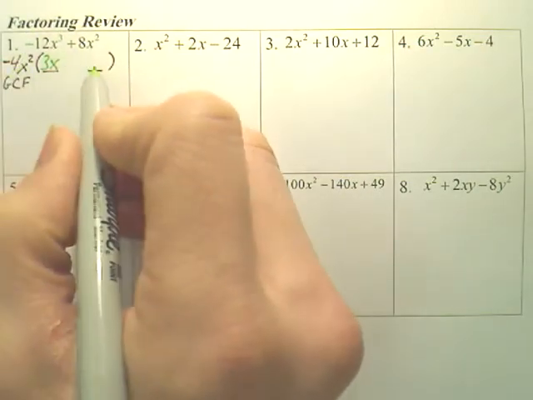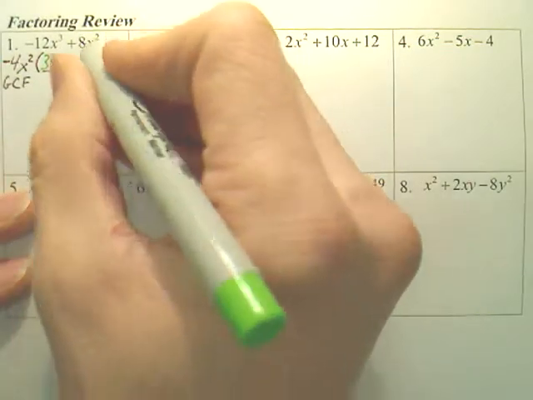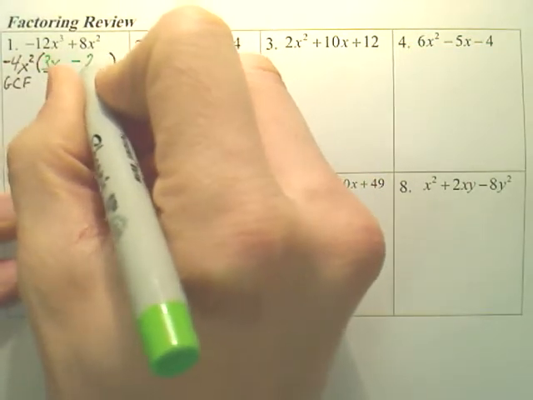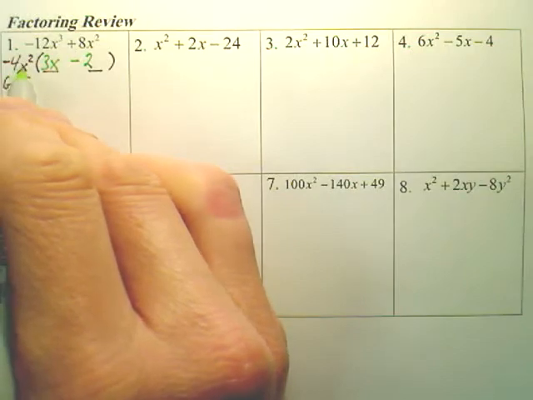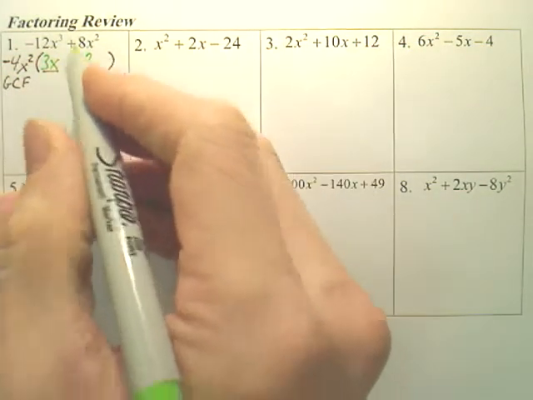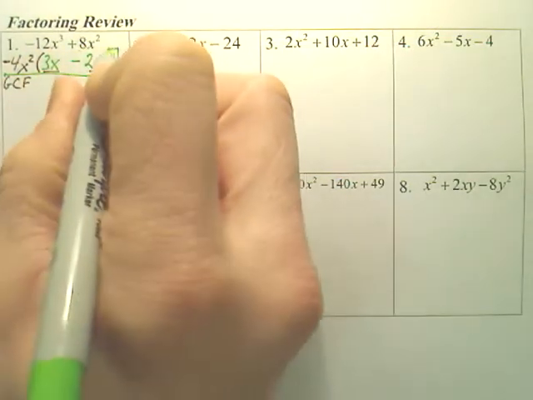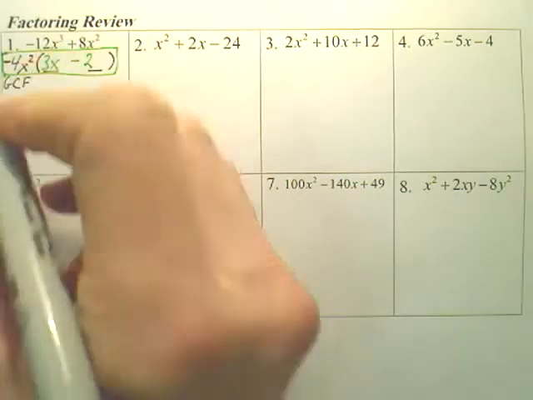Okay, this times what gives us this? What times negative 4 would give us positive 8? I think that's negative 2, so this is a minus 2. And x squared times what gives us x squared? Well, it's just 2. That cannot be factored anymore, so this right here is our answer.